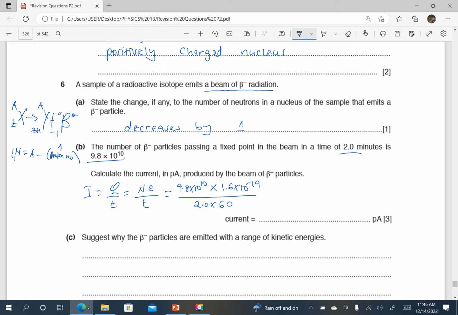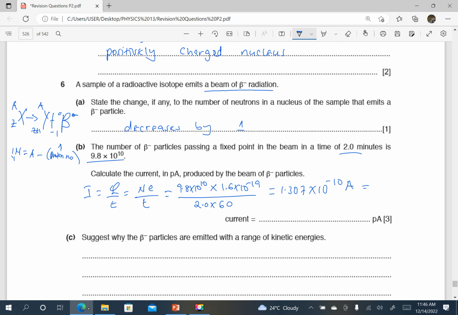I'll check on my calculator. So from my calculator, this is 1.307 times 10 power negative 10 in amperes.